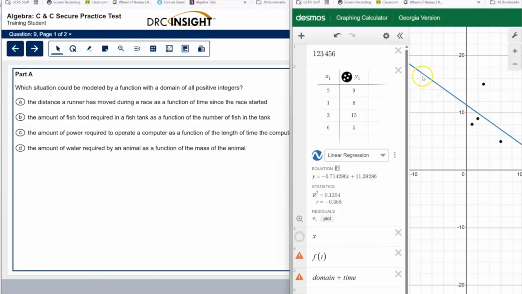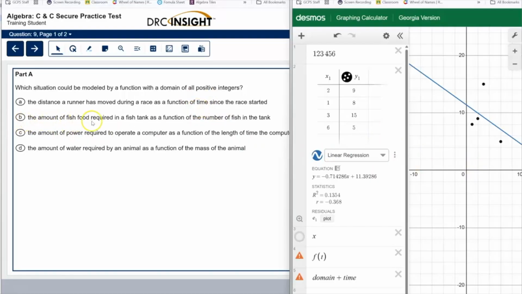If I have a line that connects every single dot, that is continuous. So when you have something that's discrete, it jumps 1, then 2, then 3, like that. But if you have continuous, it includes the decimals as well. So we're looking for something that does not have decimals because it's jumping 1, 2, 3, 4, 5. So I can't have time, because time can be written as a decimal.